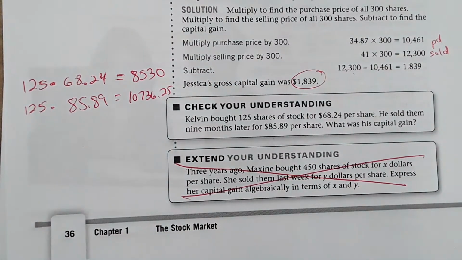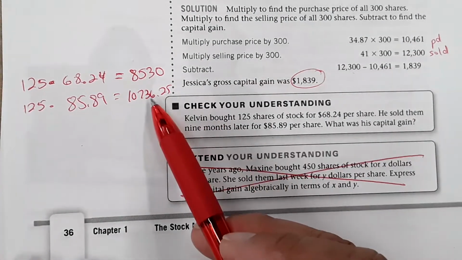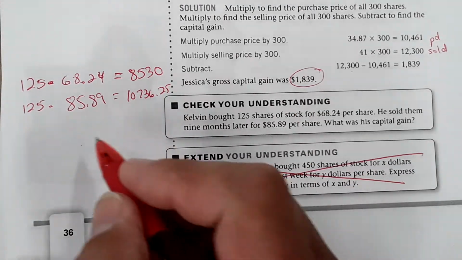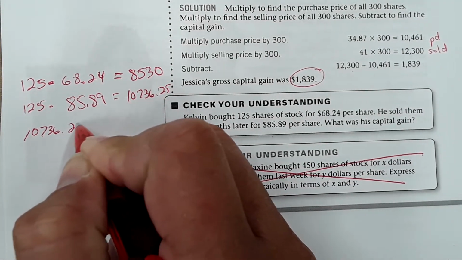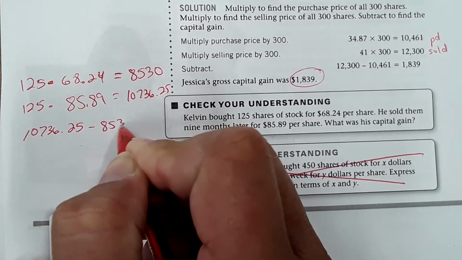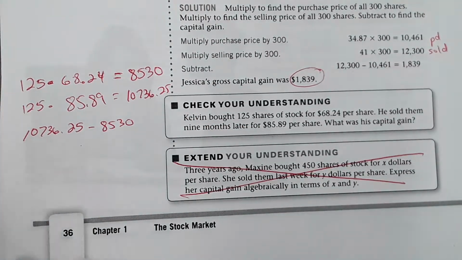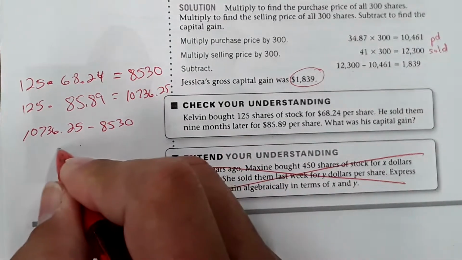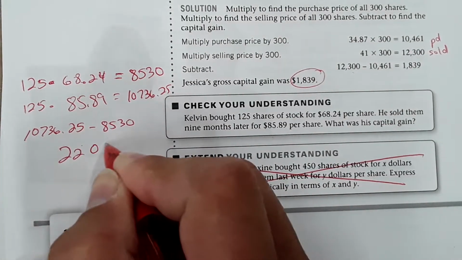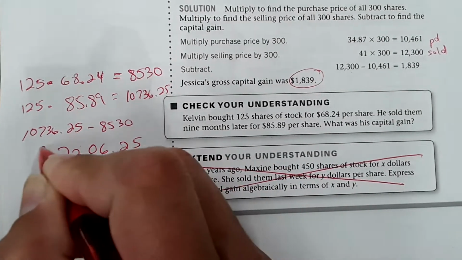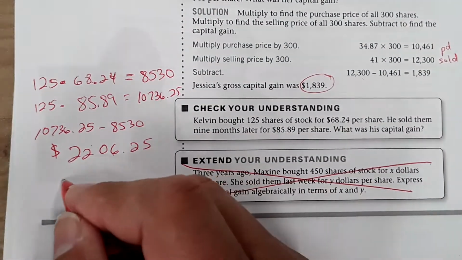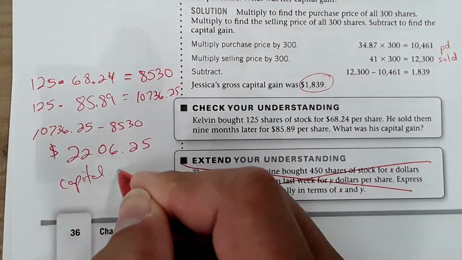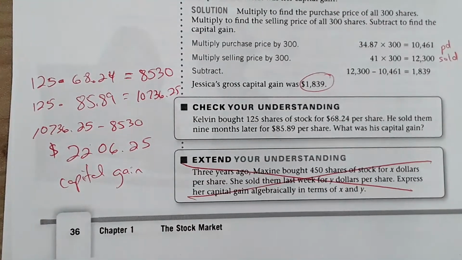So to figure out how much he made, I just need to subtract what he sold them for minus what he paid for them. So $10,736.25 minus $8,530 gives me $2,206.25, which would be a capital gain because he made money. If he had lost money, it would have been a capital loss.